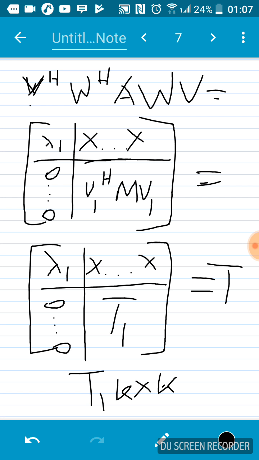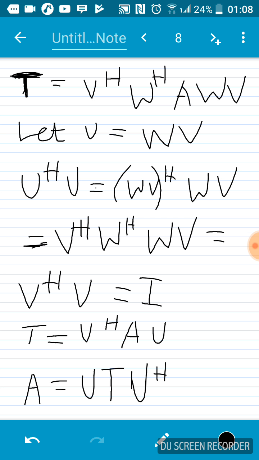Therefore, when we keep on multiplying, we keep getting a diagonal with all the eigenvalues, above the diagonal we get numbers which are the byproducts, and below it we get all zeros. Now we understand that T is equal to V conjugate transpose times W conjugate transpose times A W V. We let U equal WV.